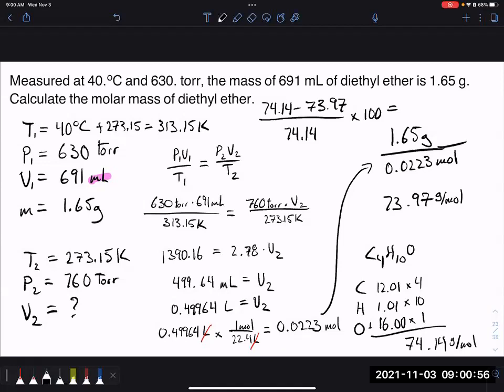So our percent error is 0.2%, which is really good.